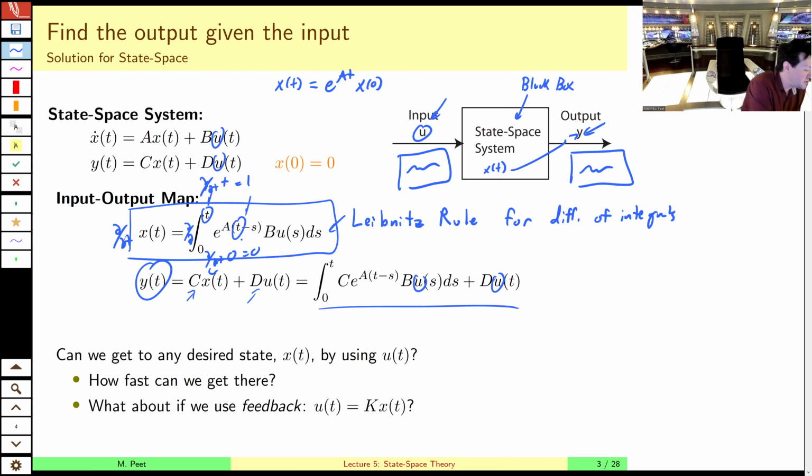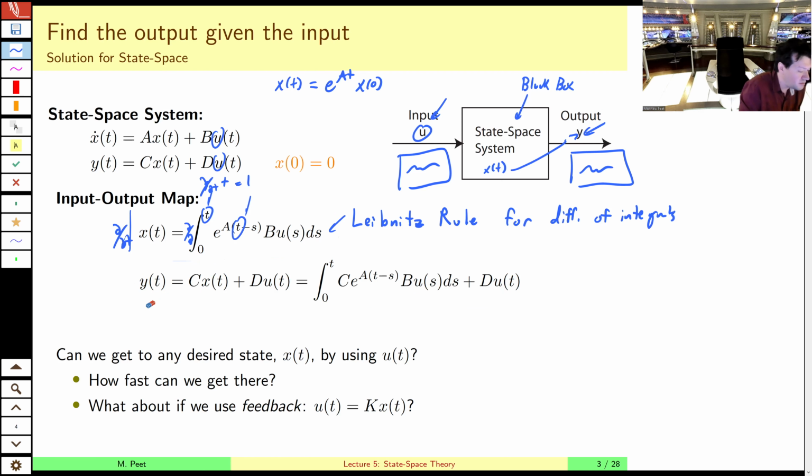So in any case, what this gives us in the end, if we now erase all this rubbish which I've written all over the place, is a map from our inputs, u of t here, to our output signal, y of t, where x, in fact, does not appear anywhere.